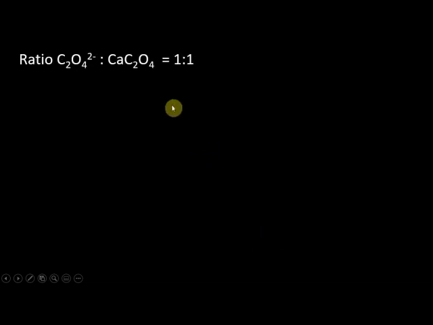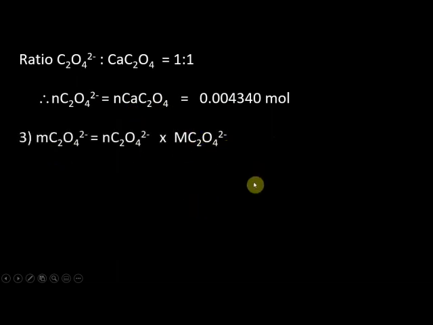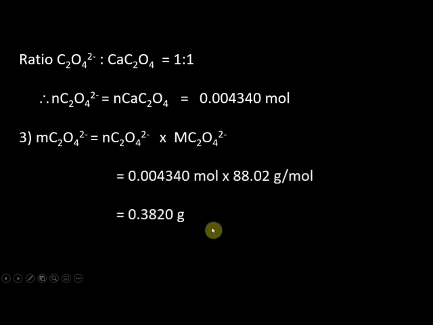Now, the ratio, as I mentioned earlier, of oxalate ions to calcium oxalate is a 1-to-1 ratio. So as a result, we're going to have the same number of moles of oxalate ions as we have calcium oxalate. So then the mass of the oxalate ions, number of moles times molar mass, works out to 0.3820 grams.